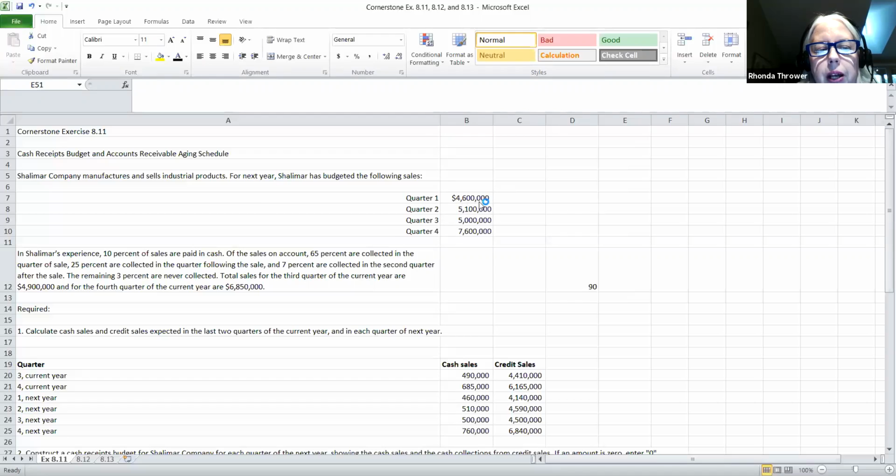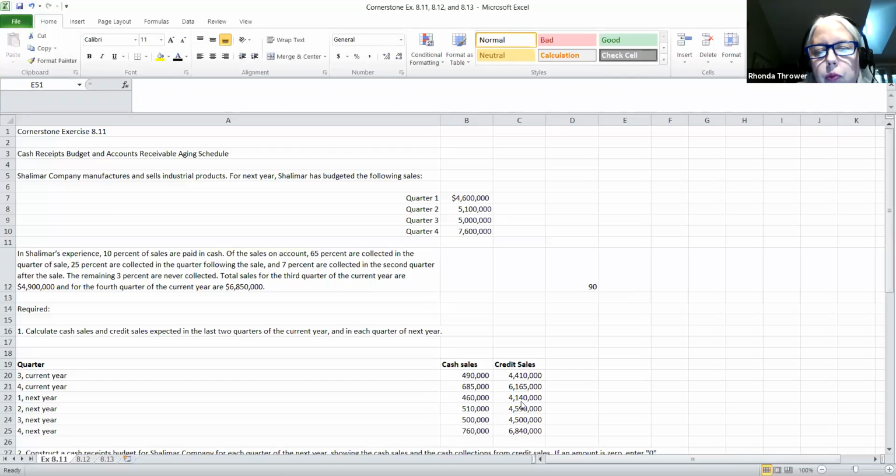That would be multiplied by 10% for the cash sales, and 10% of $4,600,000 is $460,000. 90% of $4,600,000 is $4,140,000. So there's a pattern to these, class, and you need to look for the patterns.